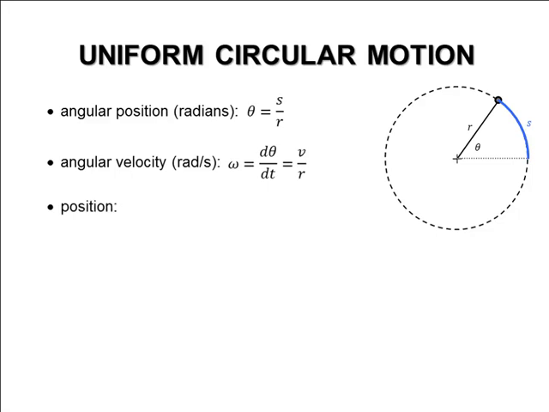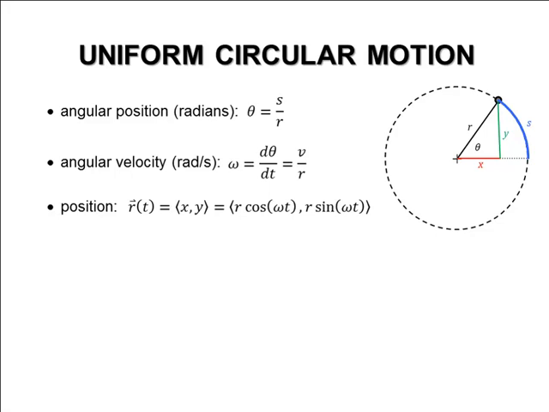Now, if we want to write down the position in x and y values, we could do it like this. In terms of the angle theta and in terms of the radius, we could find the x and y coordinates of our particle. So the x coordinate would be r cosine of theta, which is omega t.